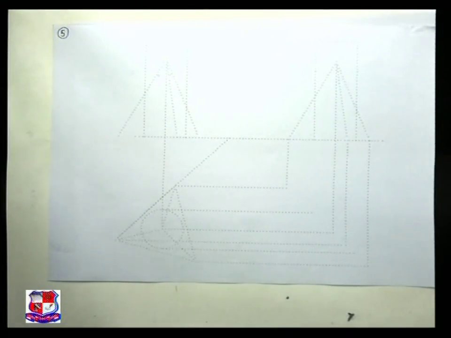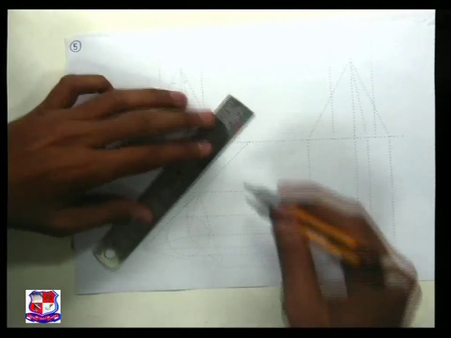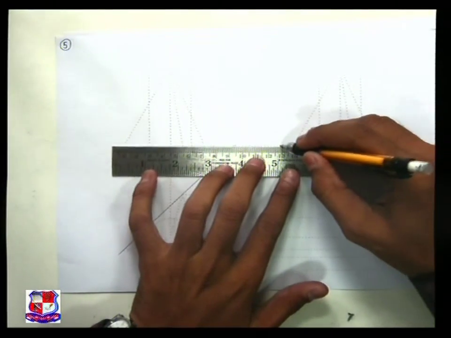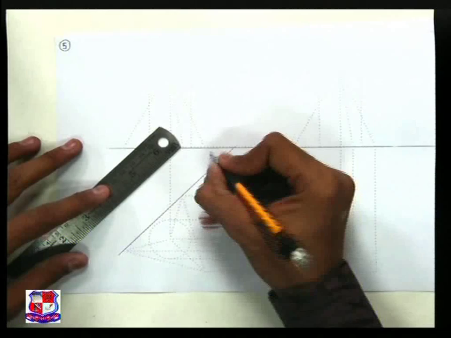over here. Here a triangular pyramid is there which makes an angle of 45 degrees with the XY line. So first draw the XY line, and with the XY line draw a line which makes an angle of 45 degrees with it.